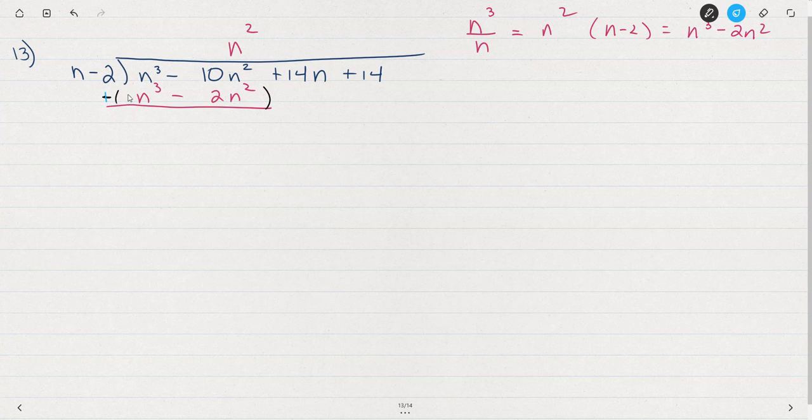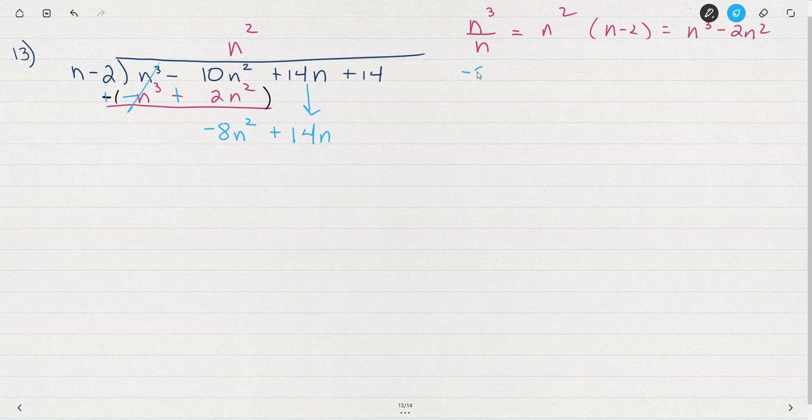So it's the same thing as adding its opposite. So we change each thing to its opposite. And then these will always cancel out if we've multiplied correctly. Negative 10 plus 2 is negative 8, so we have negative 8n squared, and then we're ready to bring down the 14n. Ready to start all over again.